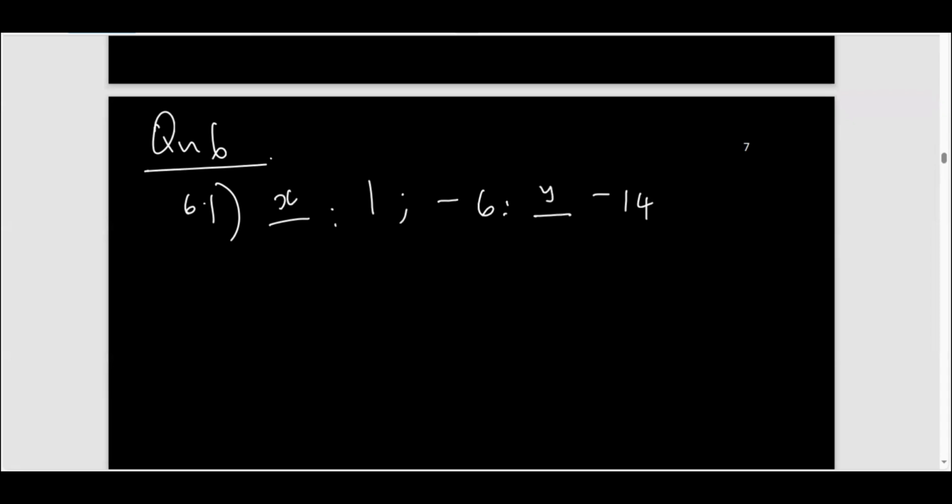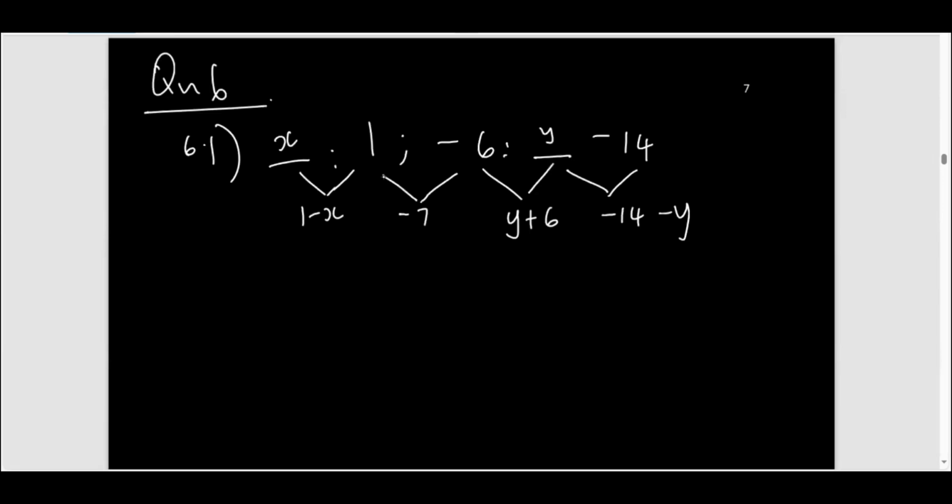Okay, so what I know, my first term of first difference will be t2 minus t1, which is just 1 minus x. In this case, I'll have -6 minus 1, which gives me -7. In this case, I'll have y minus -6, which is just y plus 6, and then -14 minus y. Okay, so let's see with the second differences.